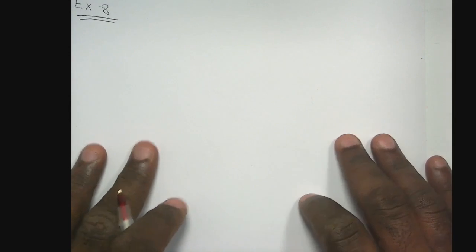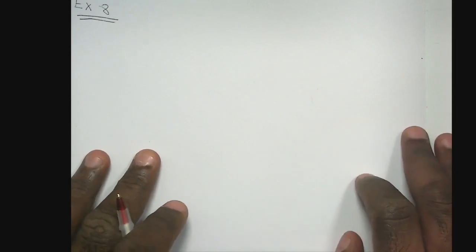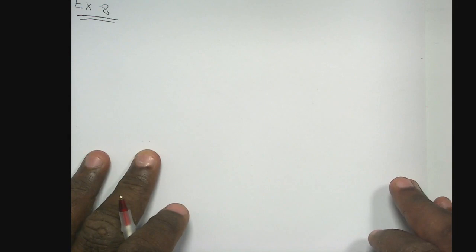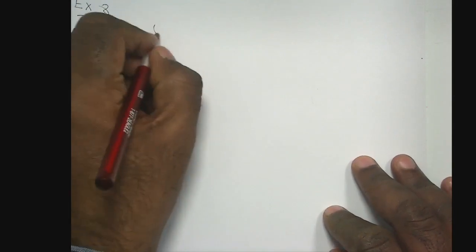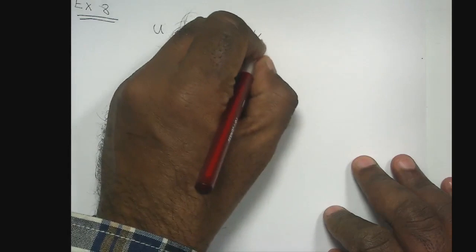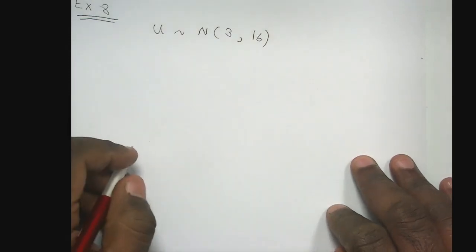This is example 8 in the example booklet. You're told that U has a normal distribution with parameters 3 and 16. You listen, guys, please.